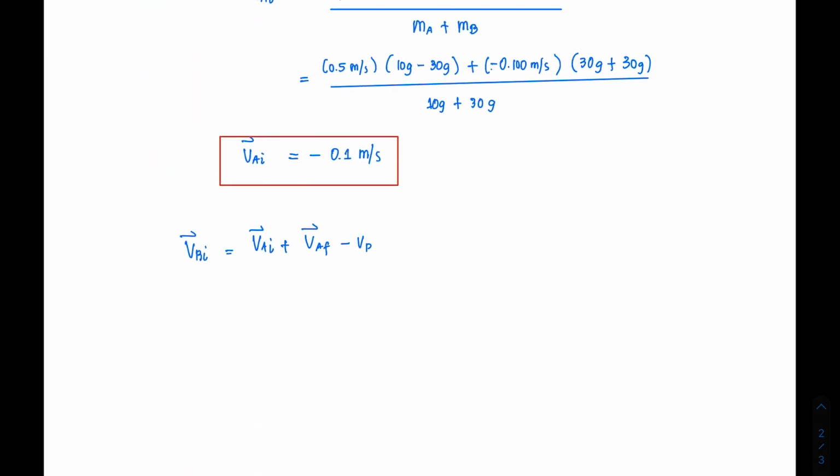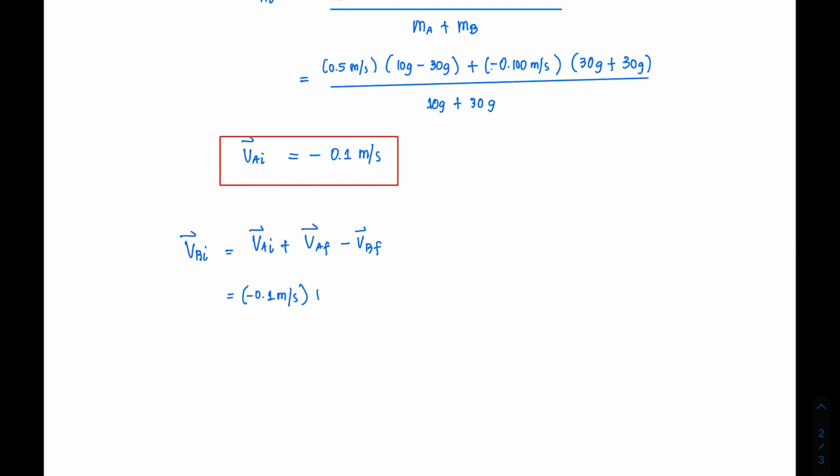We already solved for VAI, so that's negative 0.1 meters per second. Now take note, class, whenever you make an incorrect calculation of VAI, your VBI will be affected as well. So you need to be very careful in your calculation.